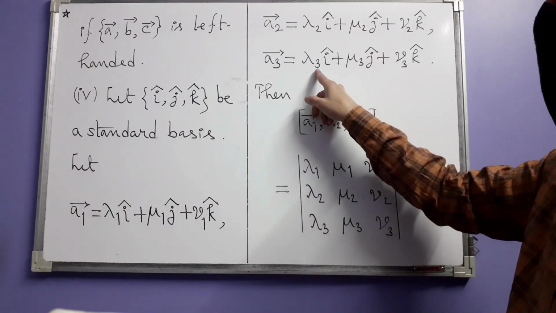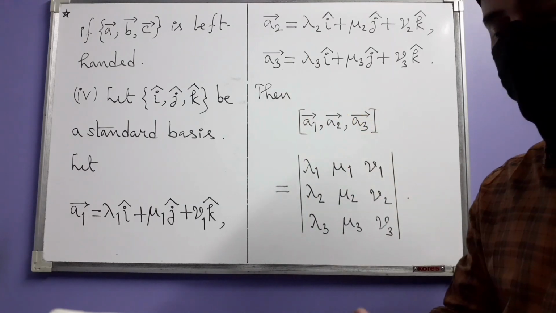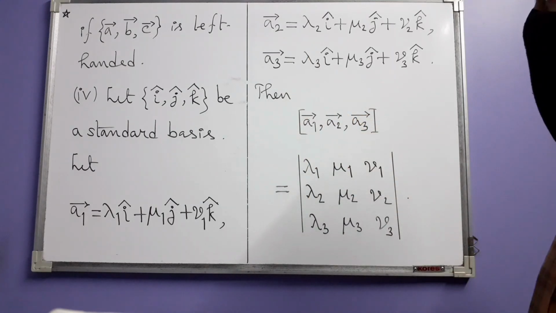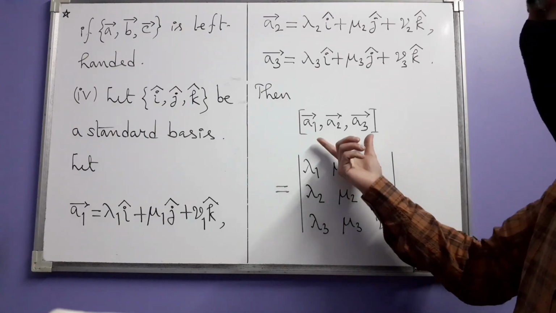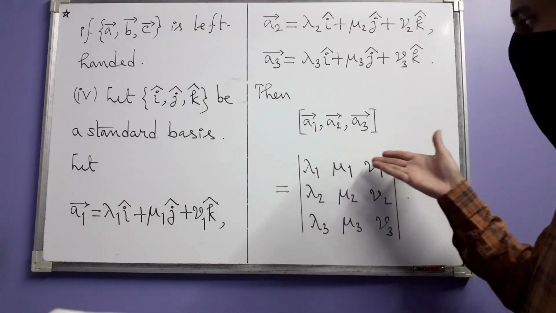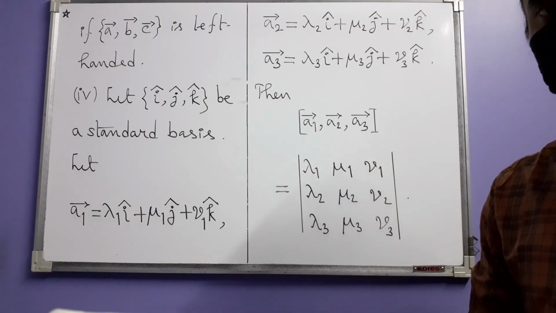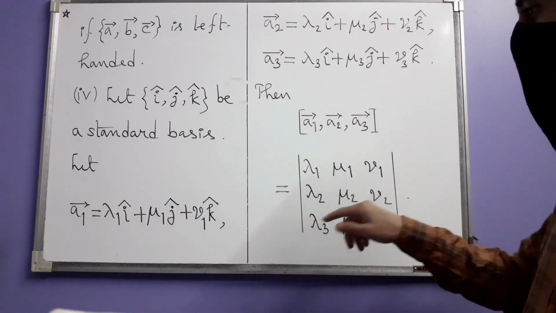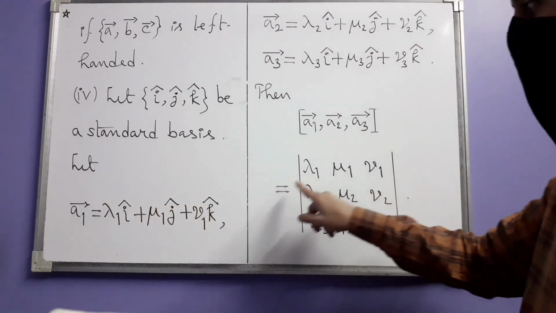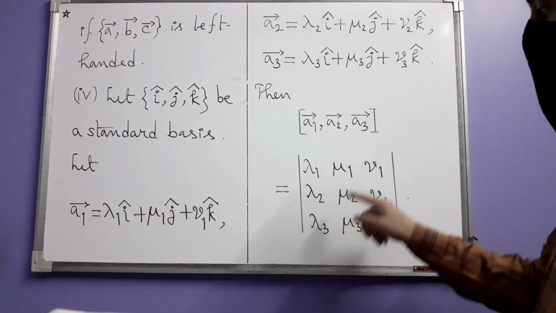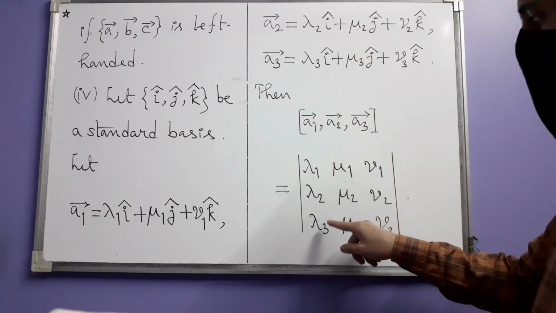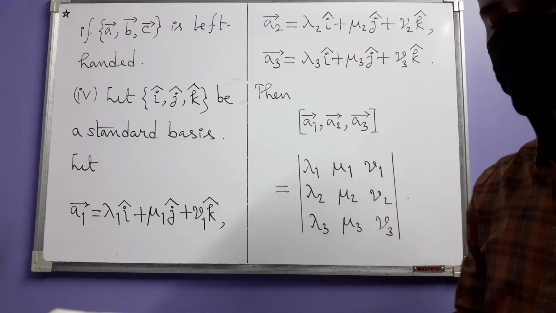And the coefficients of a3, by coefficients I of course mean the scalars, come with the suffix 3. Then the triple scalar product of a1, a2 and a3 is given by this determinant, where the first row has the coefficients of a1, the second one has those of a2 and the third one has those of a3.